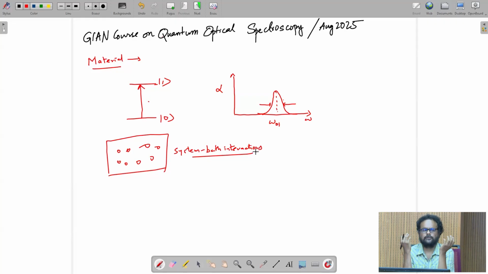What kind of interactions? So a realistic material is made up of some crystal lattice or a bunch of molecules. And these molecules or the crystal lattice can vibrate, can oscillate, what we could refer to as phonons. So my photoexcitations that are sitting there can interact with these phonons, and can have both elastic or inelastic scattering happening. Or these excitations can interact with each other. There can be many-body scattering, and this many-body scattering can also be elastic, or it can also be inelastic.